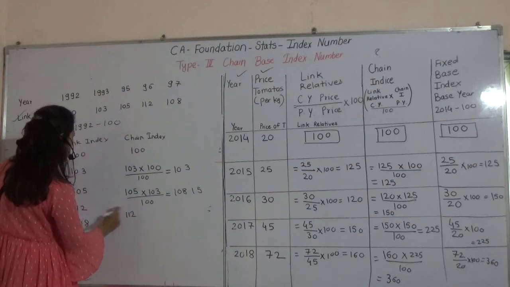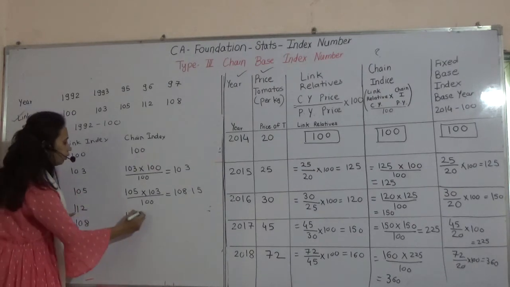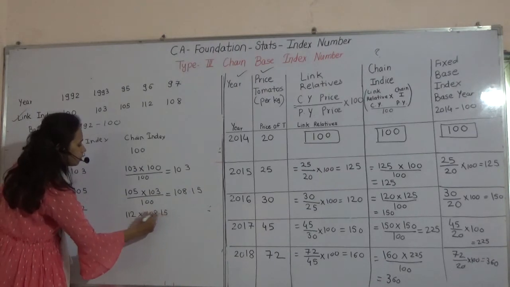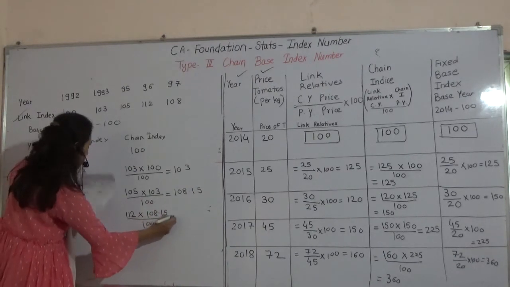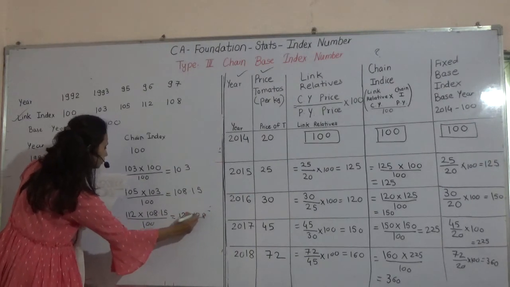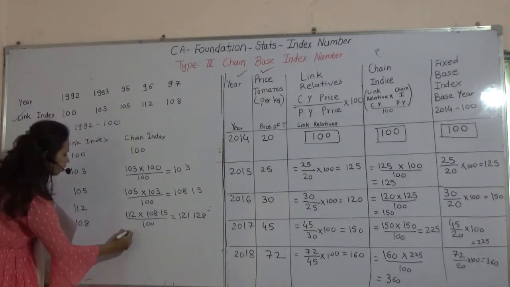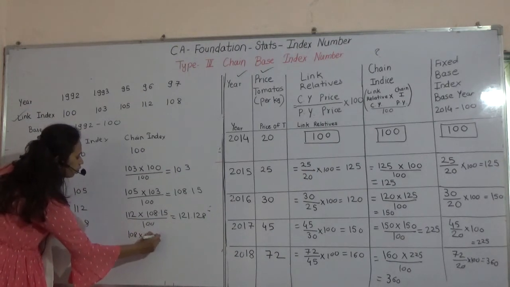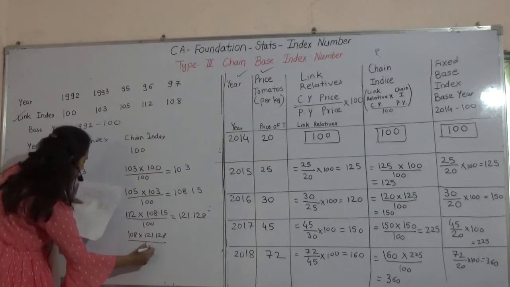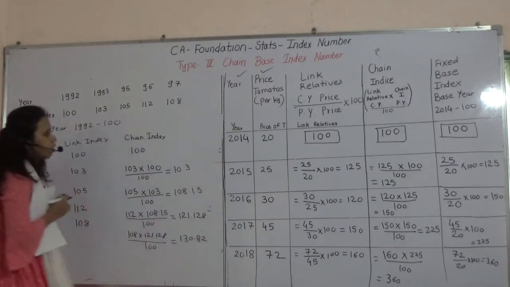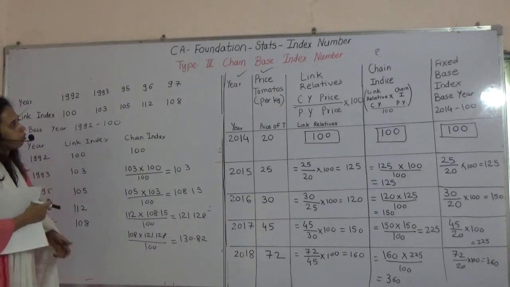Link index of current year into chain indices of previous year divided by 100, answer is 121.128. Last one, into 121.128 divided by 100. Answer is 130.82.